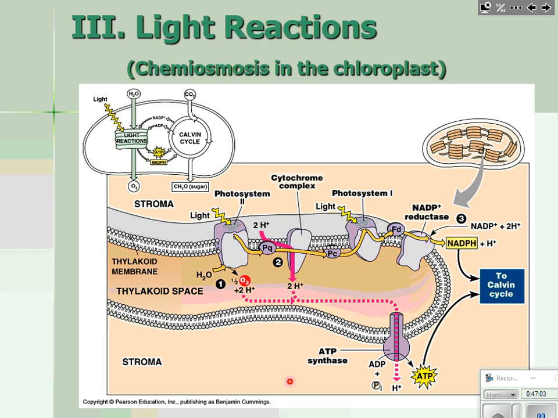We have a high concentration of protons in the thylakoid space. We have a lower concentration of protons in the stroma. That is called a proton gradient. It's also called a proton motive force. And it's important, because when this valve opens up, this is ATP synthase, you know what's going to happen. Those protons are going to shoot across.